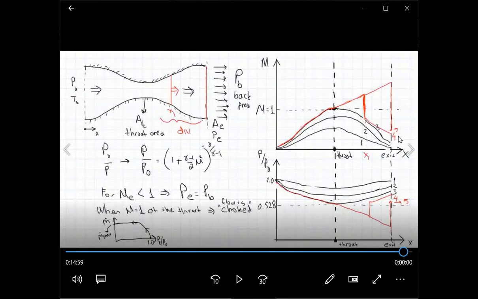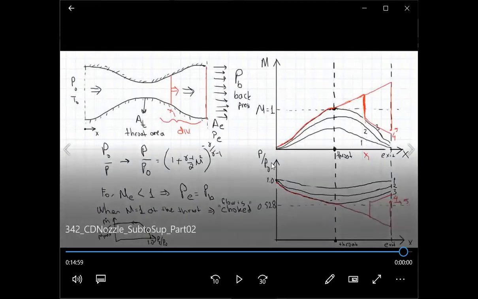So we will reduce it a little bit more, and then the shock will basically disappear. We will talk about scenario 6, and that will generate a fully supersonic flow in the diverging part with no shock waves present. So that's in the next video, part 3.